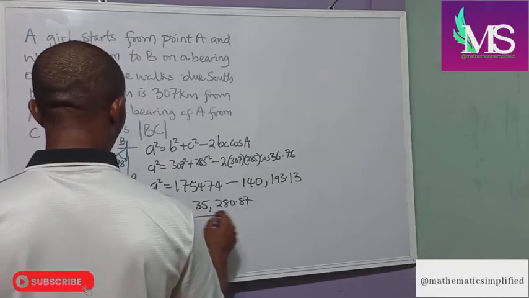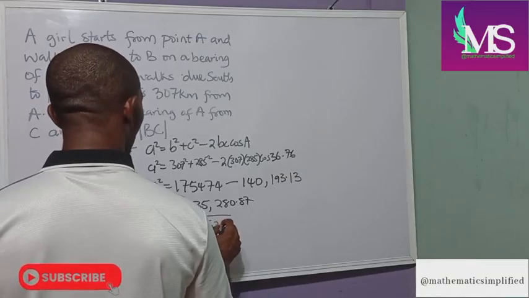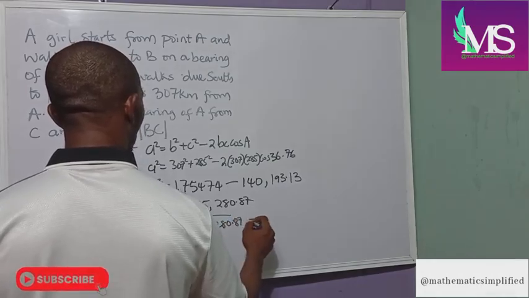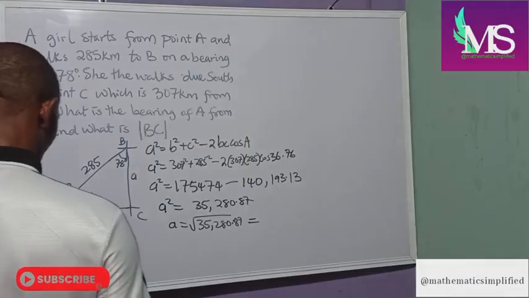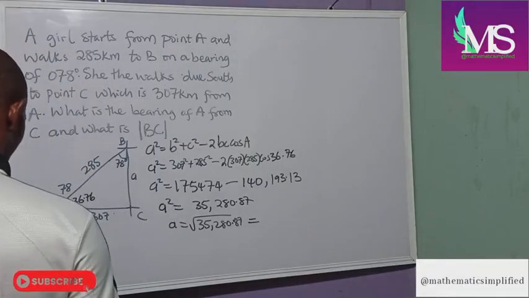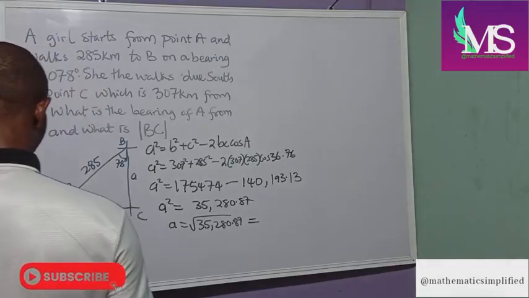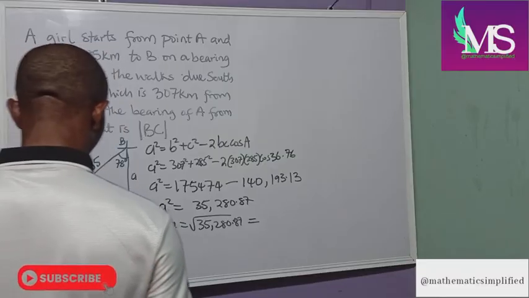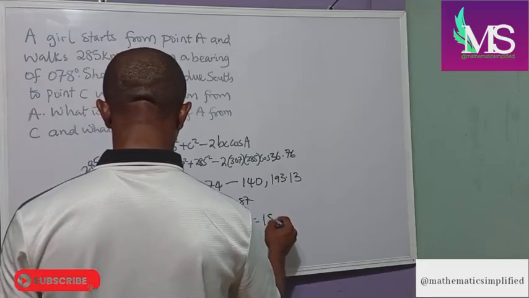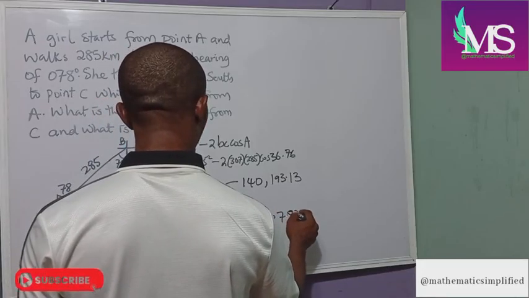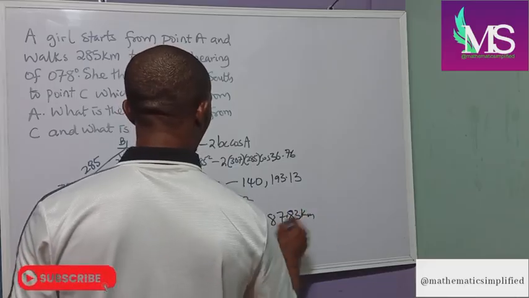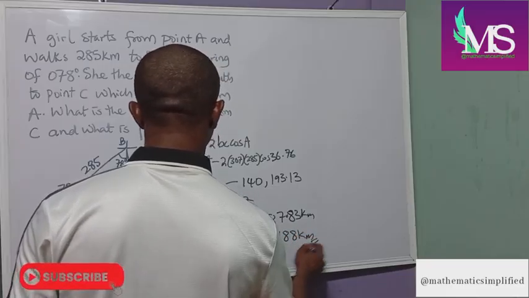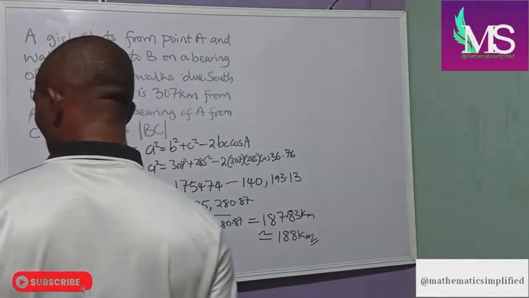So a equals root 35,280.87, which will give us 187.83 kilometers. Now, to the nearest whole number, it will become 188 kilometers. That will be our BC.